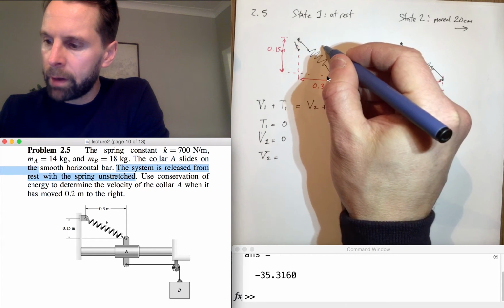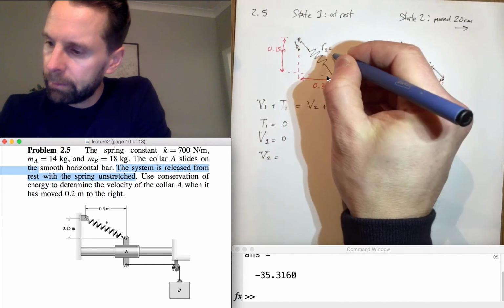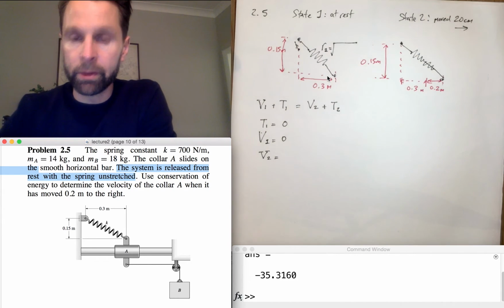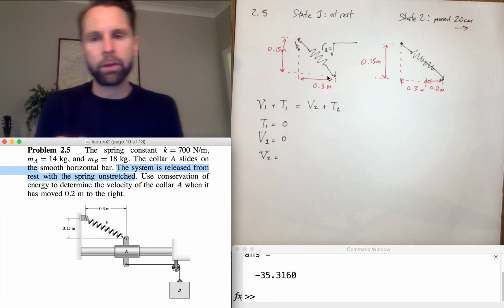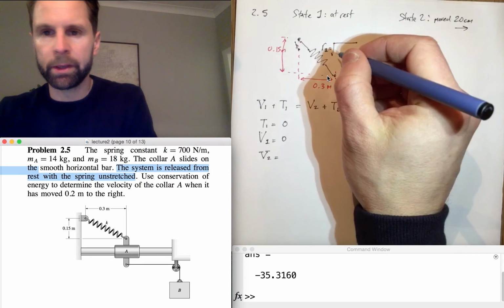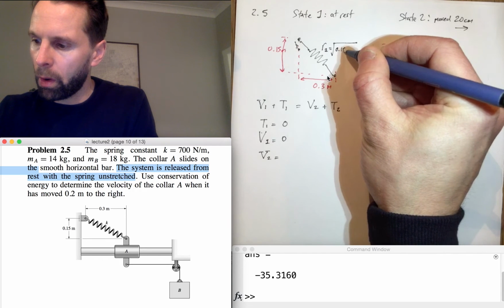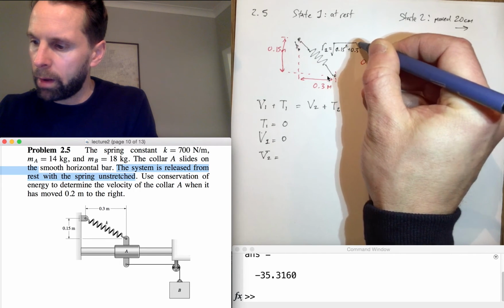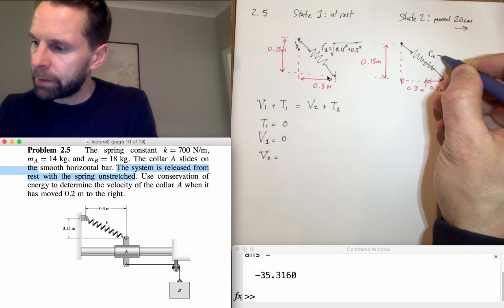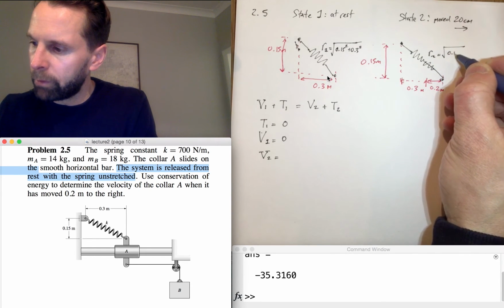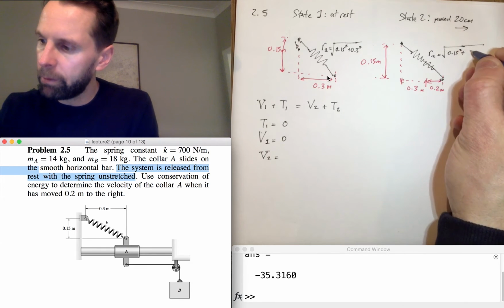So let's define R1 here as the length of the spring at position 1, and it's not the same as the stretch, so it's not compressed or in tension at all here, so this is unstretched at this position, but this is the length of it, and we can get that from Pythagoras. And the same in state 2. It has a different length, 0.15 squared plus, well now this is a length 0.5.